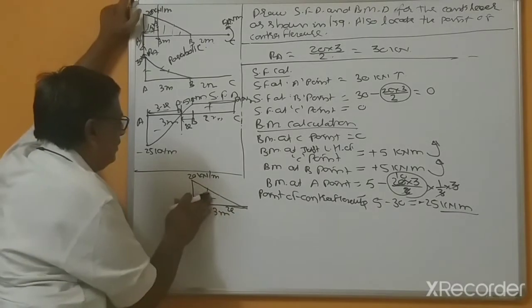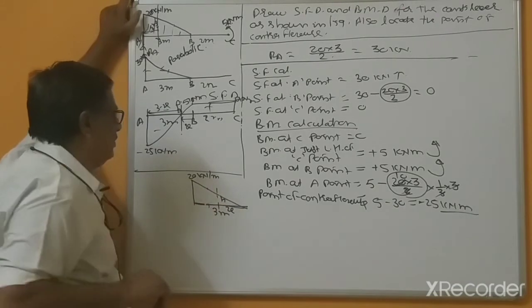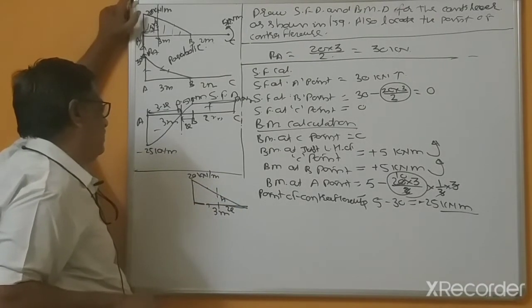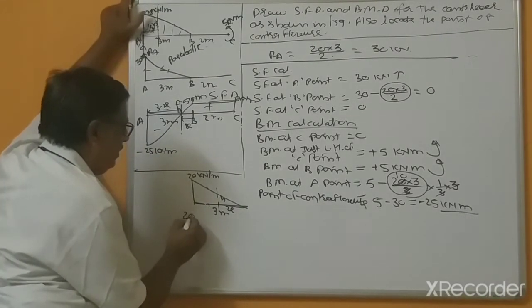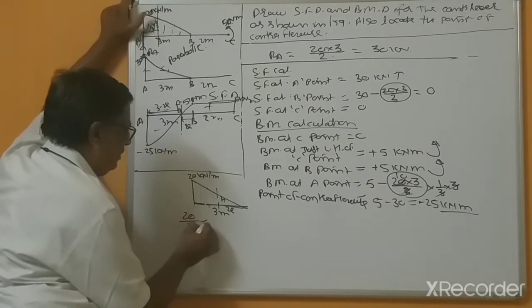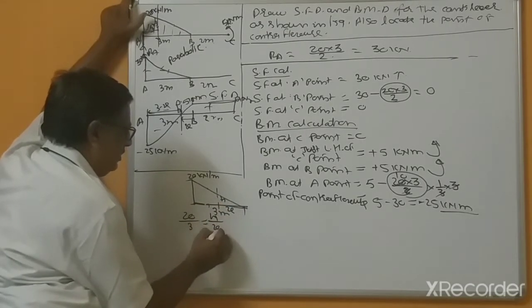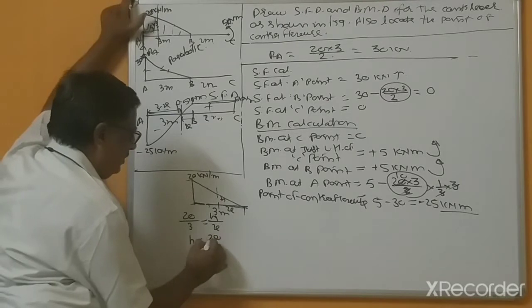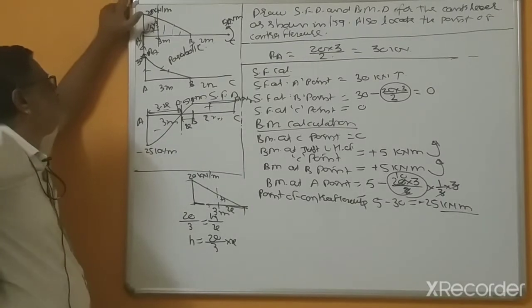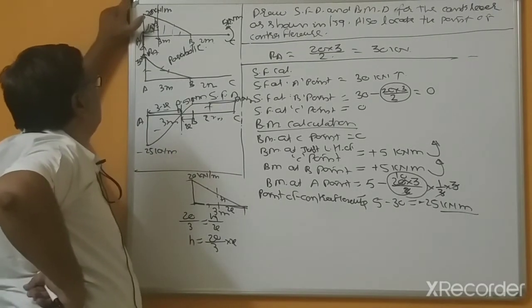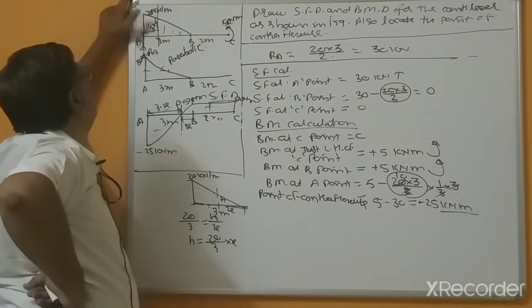So where the bending moment is zero. For 20 divided by 3, this is equal to h divided by x, so h equals 20 divided by 3 into x. And we are calculating bending moment at A point. All right.